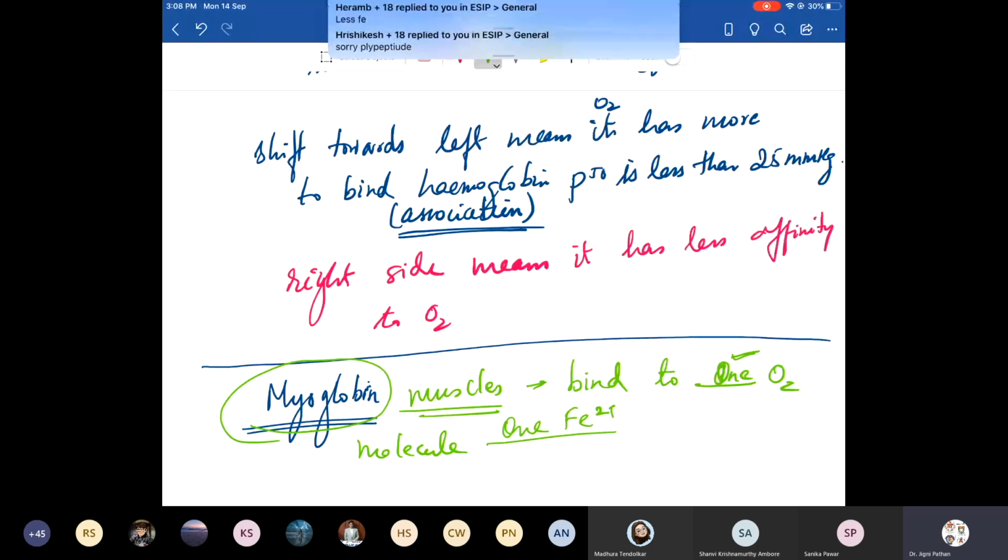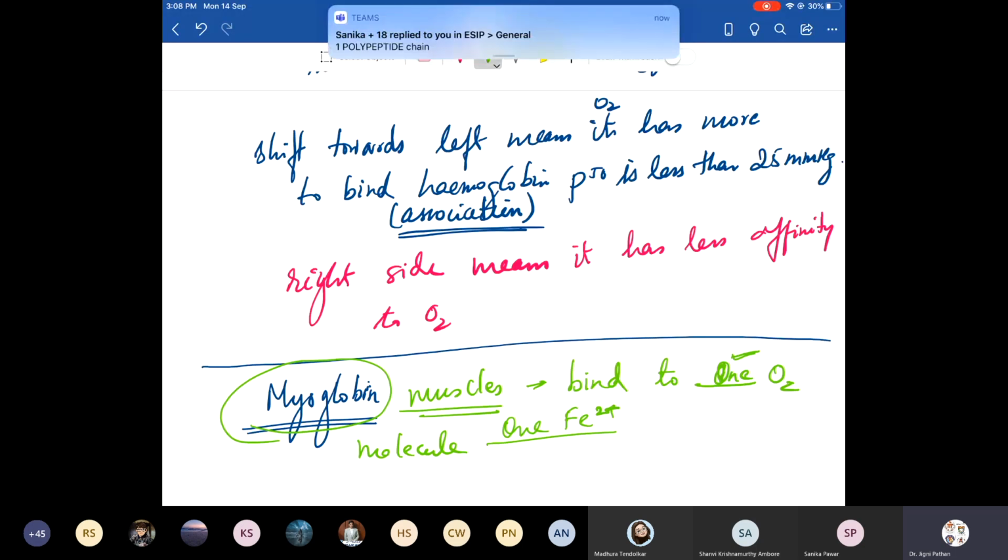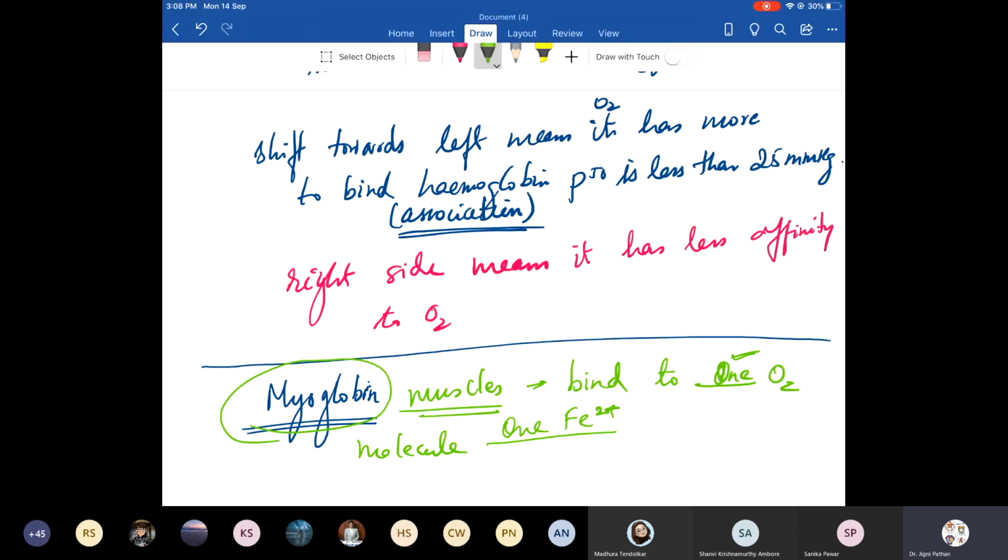If you remember, I explained why hemoglobin binds to 4 oxygen molecules. Haven't I explained that? No, not one polypeptide chain. It's only one iron, so it binds to one oxygen.